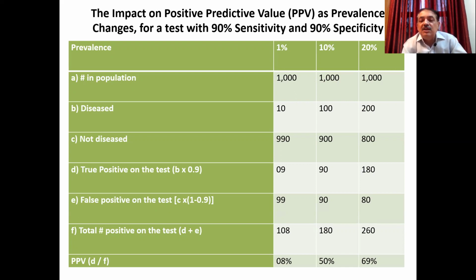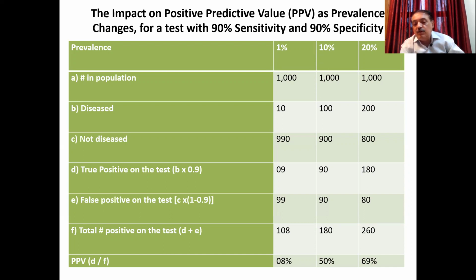Same way, if you check that 20% prevalence, that means in 1000 people, 200 are diseased, 800 are not diseased. And out of 200, 90% will be correctly identified. That means 180 will be correctly identified. And out of not diseased, 90% will be true negative, but 10% will be false positive.